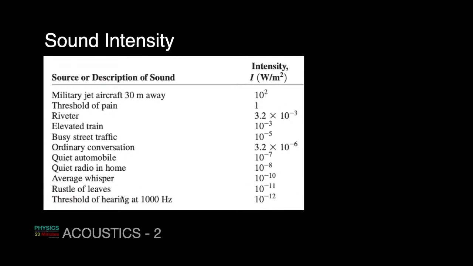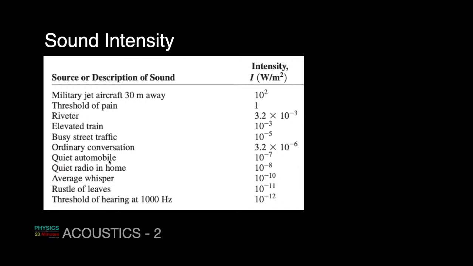Now, as you go higher, you can see different phenomena will give you different intensity values. So, if you have a quiet radio at home, I really don't understand what is meant by quiet radio. I assume it's a radio set which has been played at a low volume, because if it's not playing at all, then it doesn't matter.